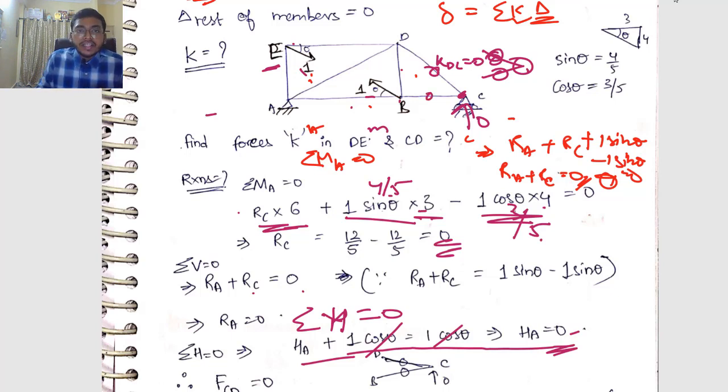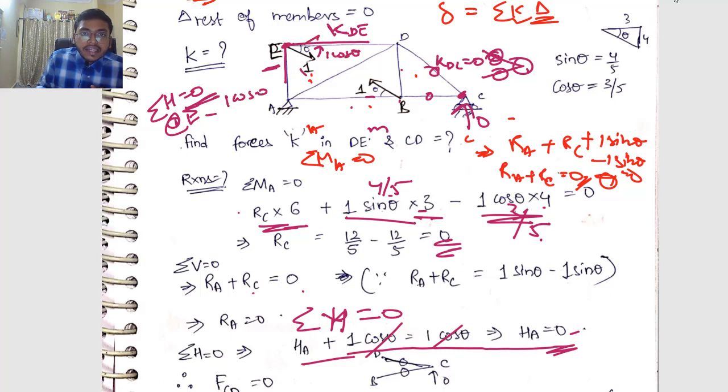Now let us find the force in the member KDE, because we want only two K forces, KDE and KDC. So use sigma H equals 0 at this joint E. If I use sigma H equals 0 at joint E, what do I get? 1 cos theta, right? I am assuming this side as compression, KDE as compression, because the tensile force component would also have a bit of tension.